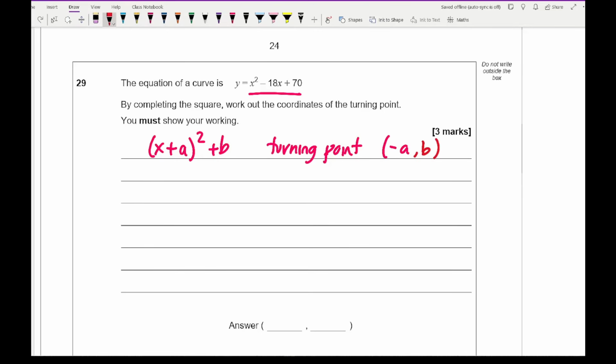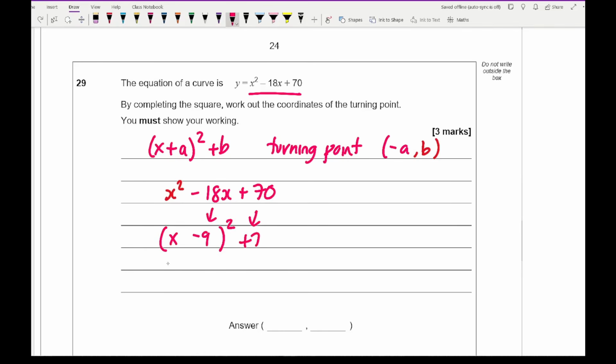So looking at this, what we end up with is we divide. So if I just write down the equation, I don't know why I've written plus there. So we've got minus 18x plus 70. I've done it again, so let me just change that to a minus. There we go. And so looking at our bracket, we divide this value by 2, so it becomes (x minus 9) squared.